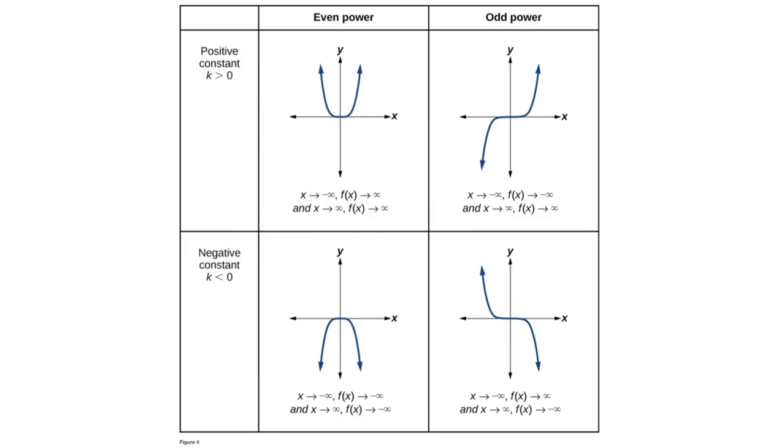And then the odd power function, whenever you have a positive leading coefficient times an odd power function, these are things like x cubed, x to the 5th, x to the 7th, x to some odd power. It usually goes up to the right and down to the left. And then when you have a negative times an odd power, it goes down to the right and up to the left.